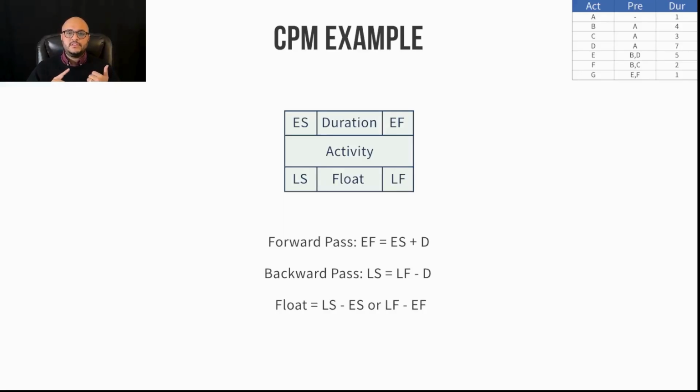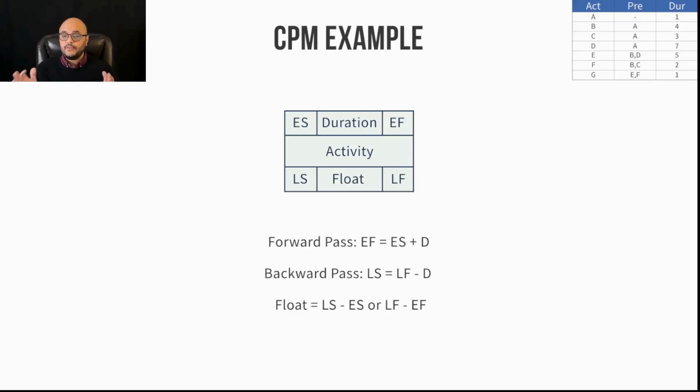Now, to calculate your forward pass, you're going to use the formula early finish is equal to early start plus duration. I've denoted here as EF = ES + D. Your backwards pass is going to be your late start is equal to late finish minus the duration. And your float is going to be one of two things, either your late start minus your early start, or your late finish minus your early finish.